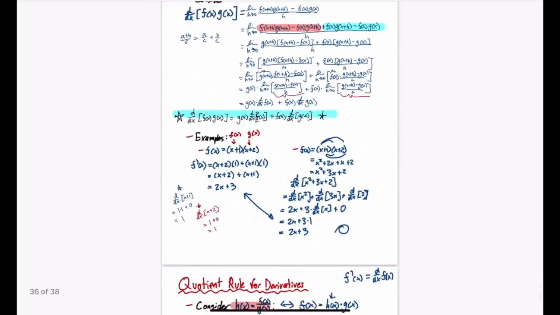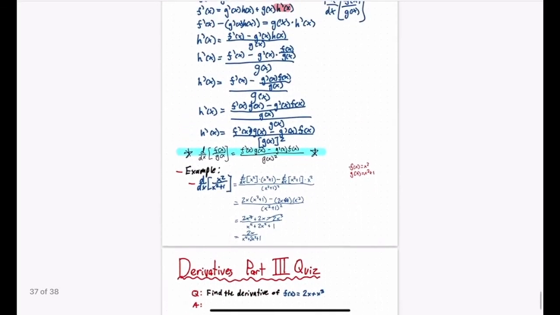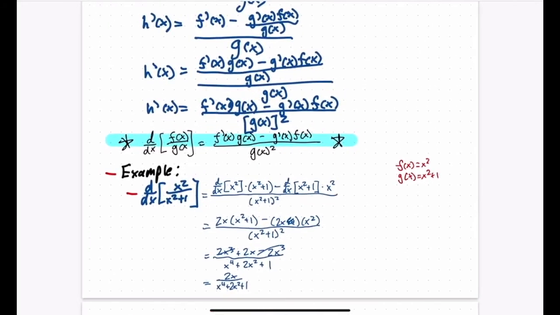So with all of these new rules, we can apply these to different combinations of derivatives. If we have f of x times g of x, f of x plus g of x, or f of x over g of x, we now know how to calculate the derivative of multiple levels of functions that make up one big function.